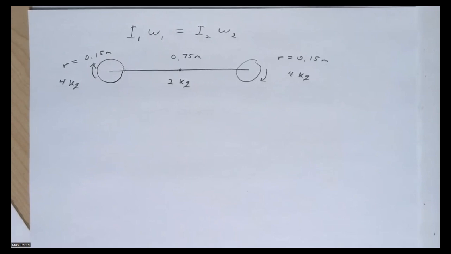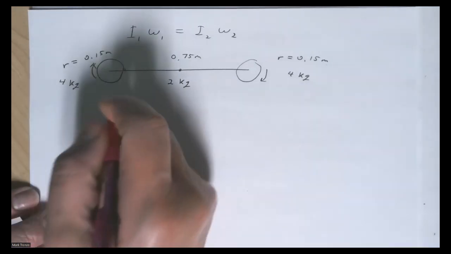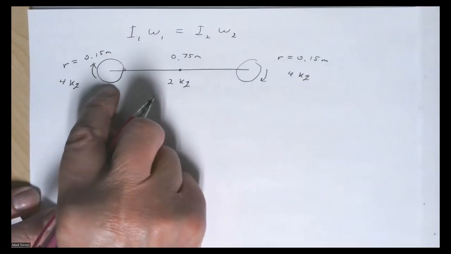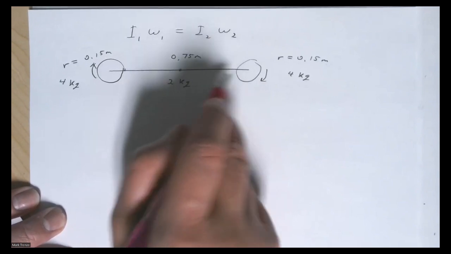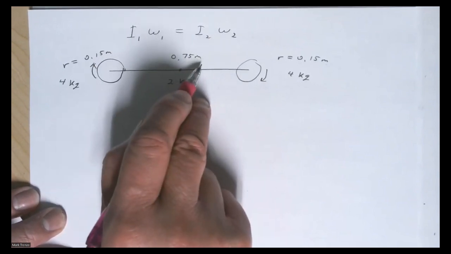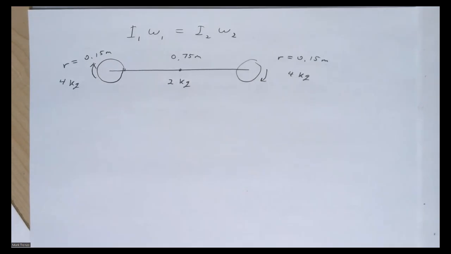So let's take a look at this. Let's understand the concept of this problem, because you're going to be doing ones very, very similar. The basic idea is that at the beginning, just these discs are spinning, but the rod's held constant.